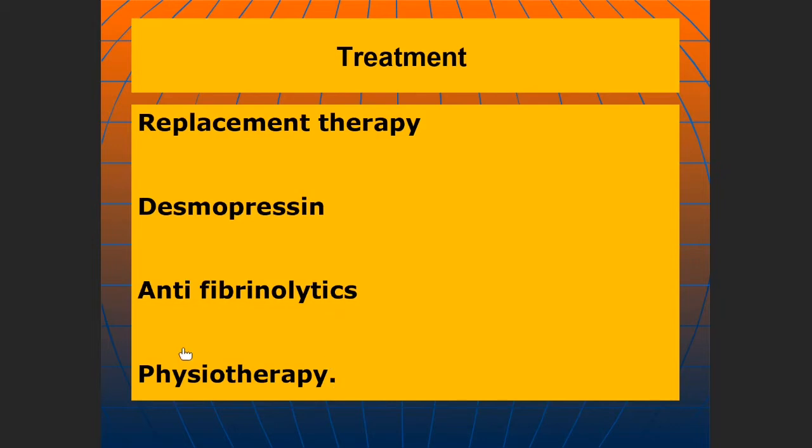And if the joints are affected after the acute bleeding episode, we send the patient to physiotherapy to avoid joint deformities. Okay, these are just the outlines of management: replacement therapy, desmopressin in mild cases, an antifibrinolytic agent to prevent clot lysis and bleeding from wounds, and physiotherapy to avoid joint bleeding and joint deformities.